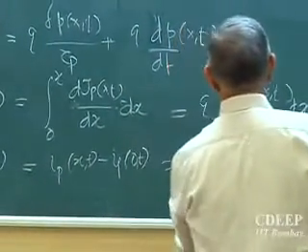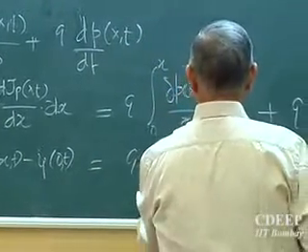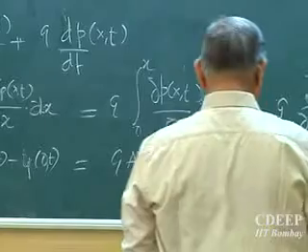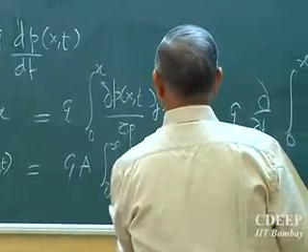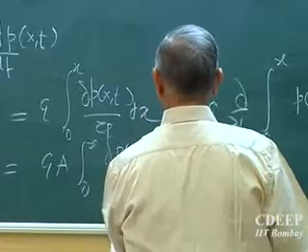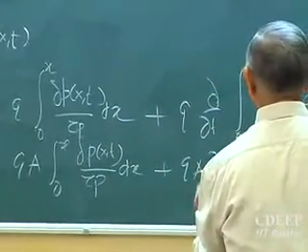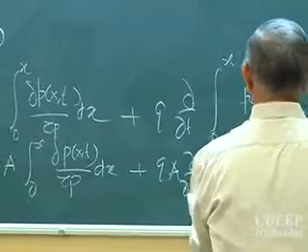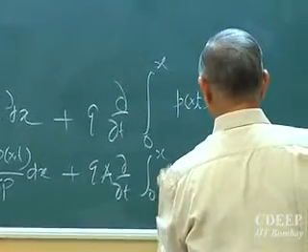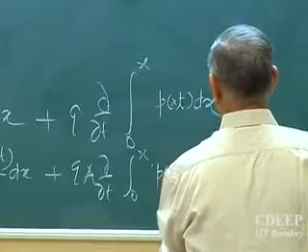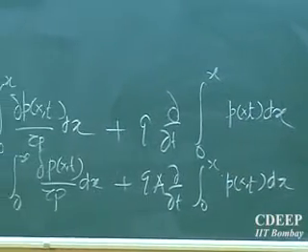Multiplying by area, I now have QA times the integral from 0 to x of delta p(x,t) by tau p dx plus QA times the integral from 0 to x. This of course I can expand, but I don't want to right now. So this is a statement of continuity.